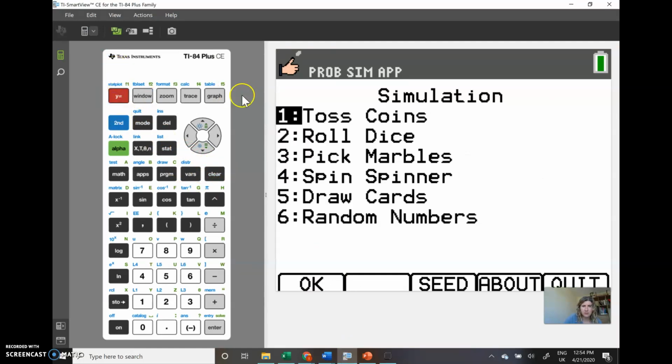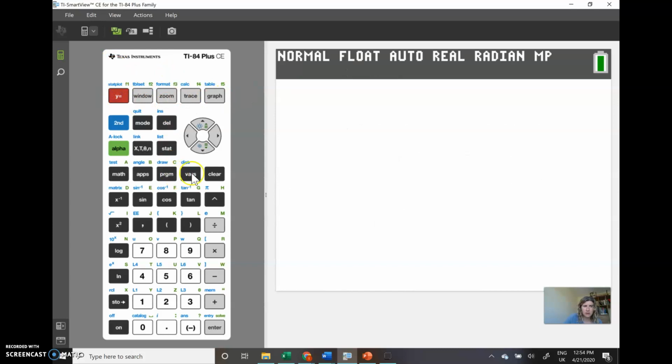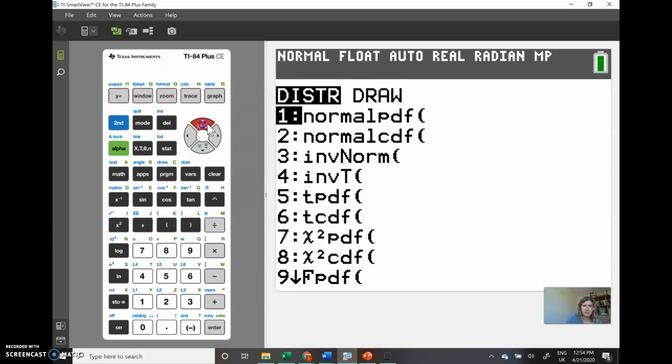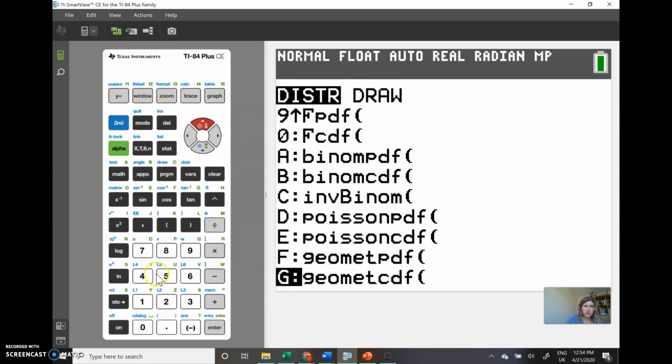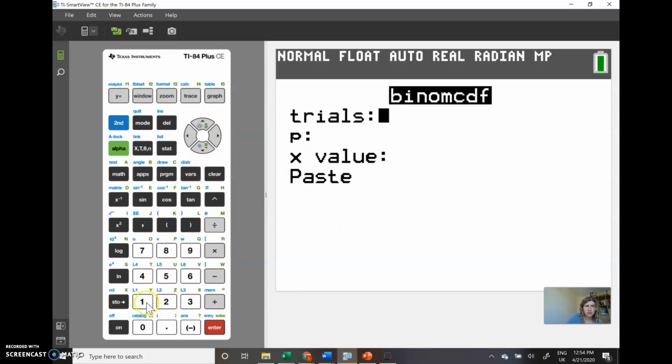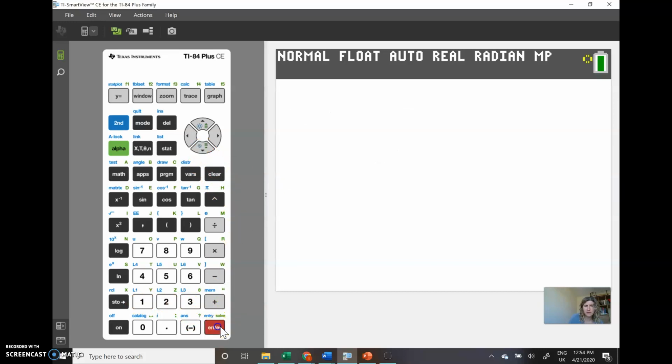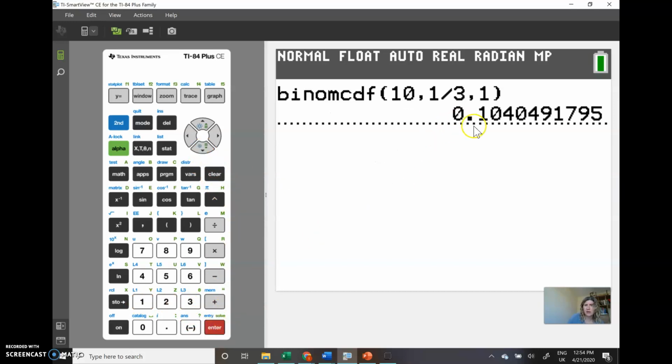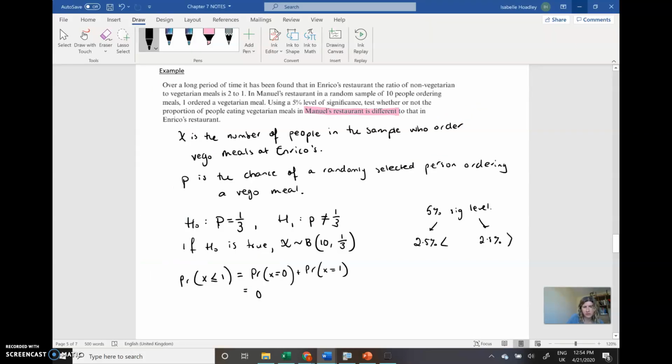Okay, so I'm going to use binomial distribution, so CD, trials 10, probability is a third. Okay, x value is 1. Okay, and I'm using less than, paste. Okay, and I get 0.1040 as my probability.